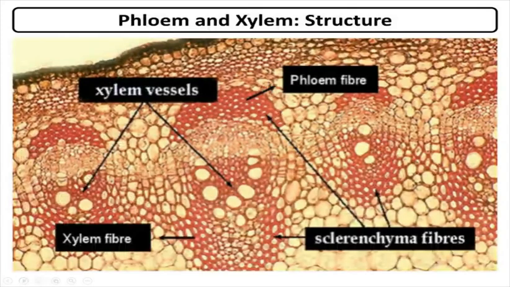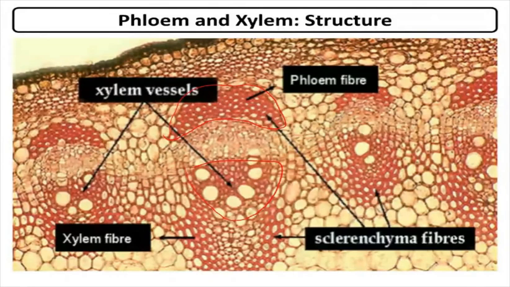Yang ni nampak ni adalah arrangement of the vascular tissue. Phloem is always facing or closer to the epidermis, and xylem is at the inner part. Jadi kat mana nak cari? Kalau nak cari fiber, ni phloem fiber. Okay, yang tebal-tebal tu phloem fiber.